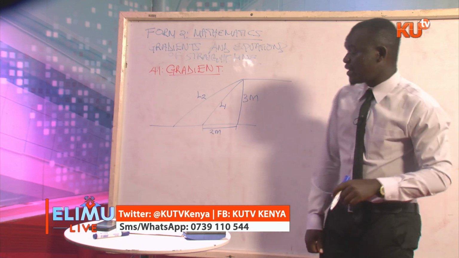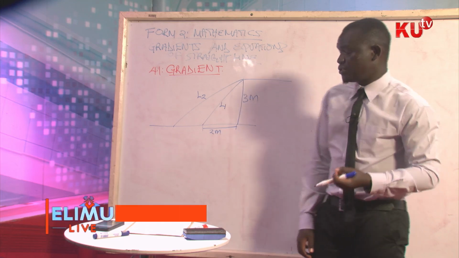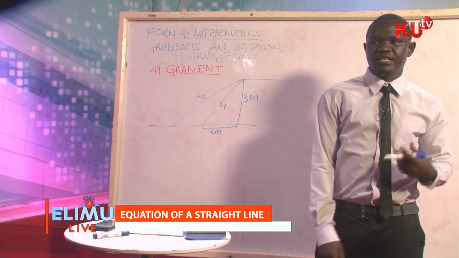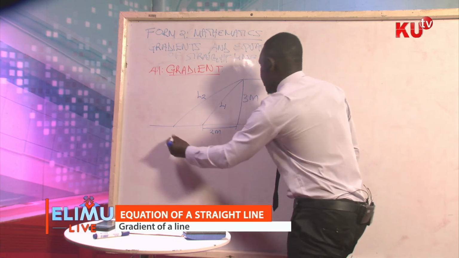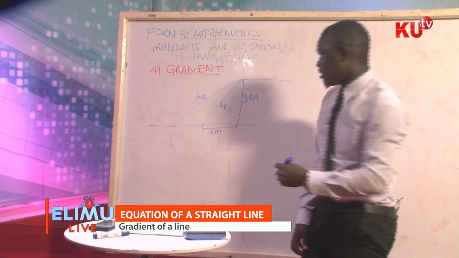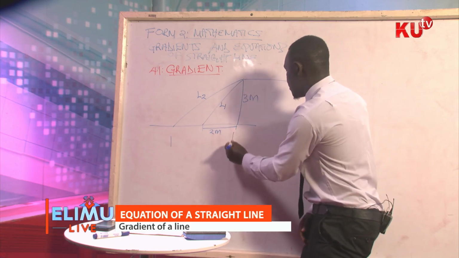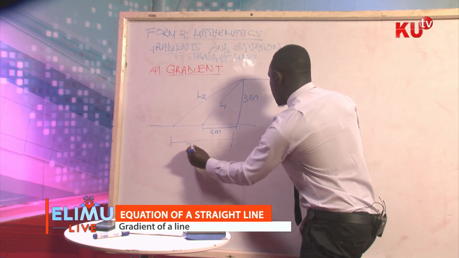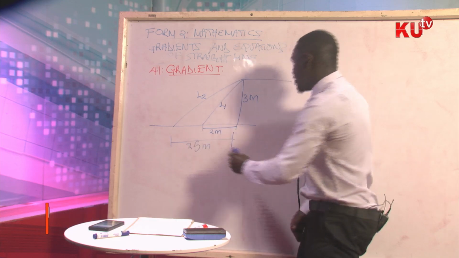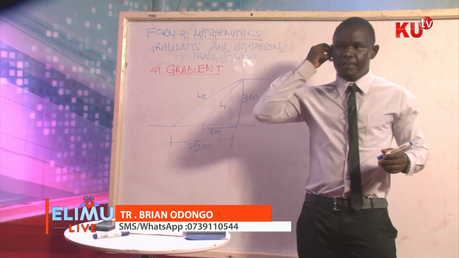Then you have also ladder 2, which is maybe positioned 2.5 meters away from the wall. That distance there is 2.5 meters.